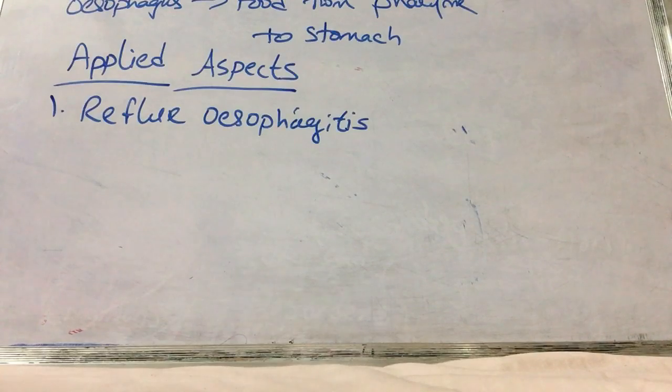See, as soon as the food enters into the stomach from the body of the esophagus, the lower esophageal sphincter is getting closed. If at all there is any abnormality of this lower esophageal sphincter, and if it does not close as soon as the food enters from the esophagus into the stomach, there is a chance that regurgitation of acid content from the stomach will occur into the esophagus.